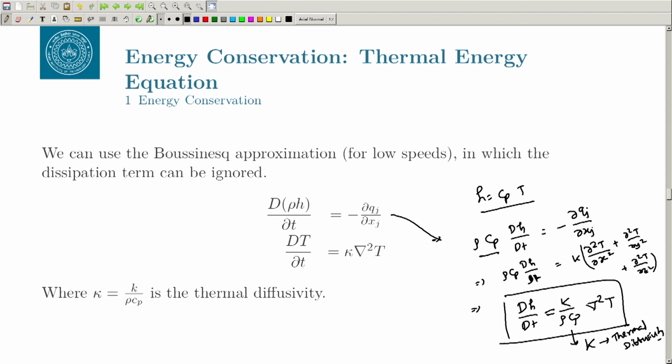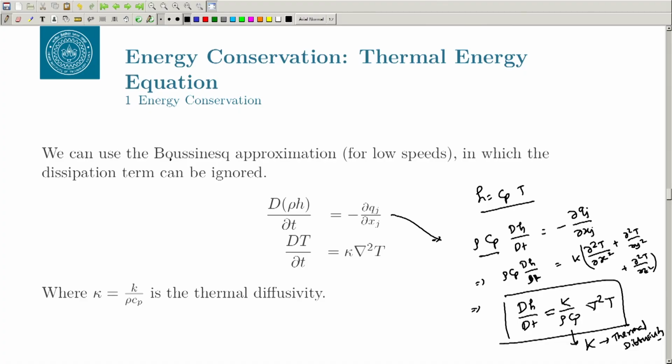So, we saw many different forms of the equation. We saw the kinetic energy equation, also called the mechanical energy equation. You can also include the potential energy term there. We saw the total energy equation, where we have both the kinetic energy plus the thermal energy, and then you can write it in terms of the thermal energy equation also, where you need not consider the kinetic energy equation.